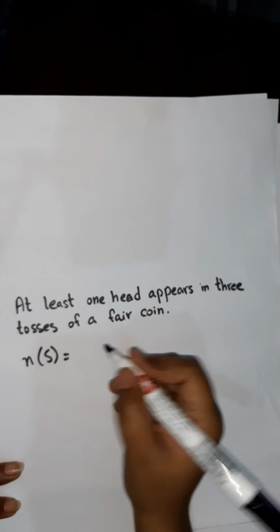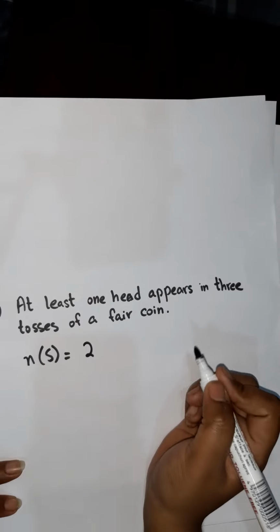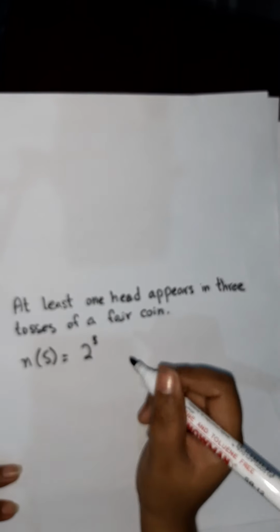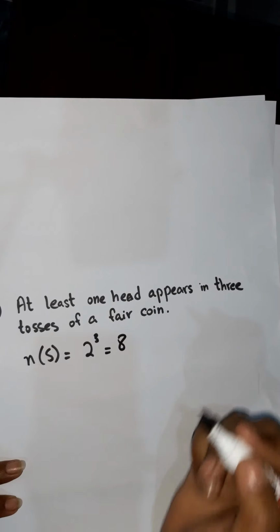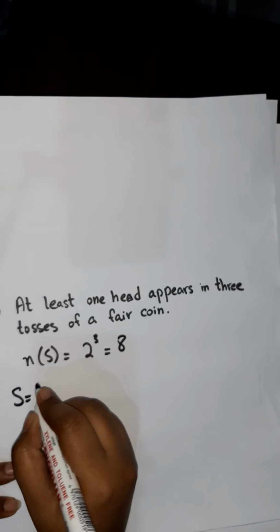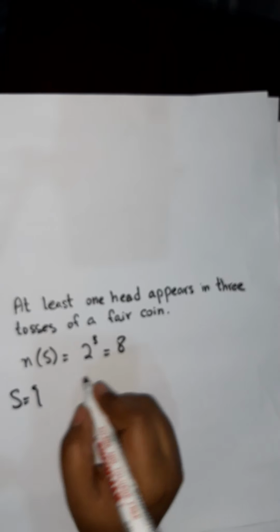So a fair coin has 2 sides and it is tossed 3 times, so we will put power 3. So 2 power 3 is 8. Here the sample space will contain 8 possible outcomes.